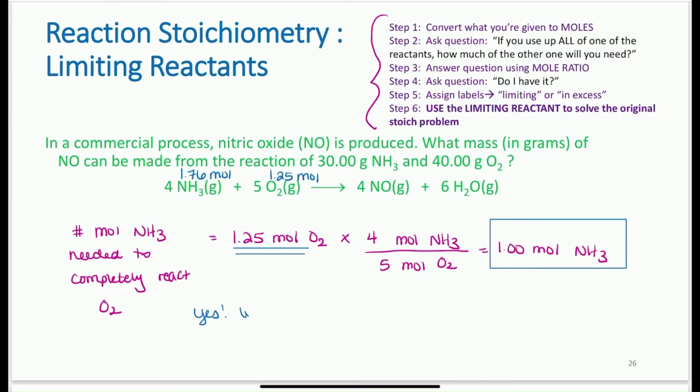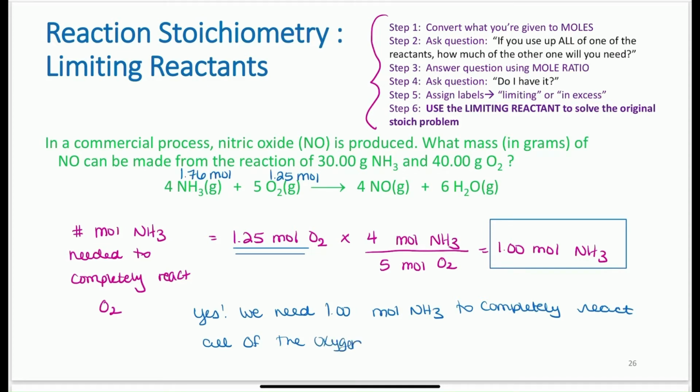We need 1 mole of NH3 to completely react all of the oxygen. We have 1.76 moles available.